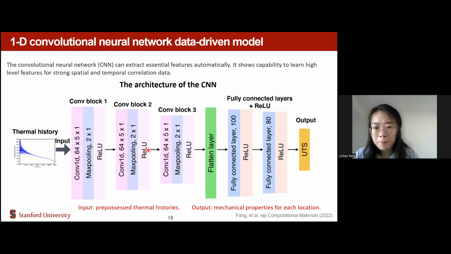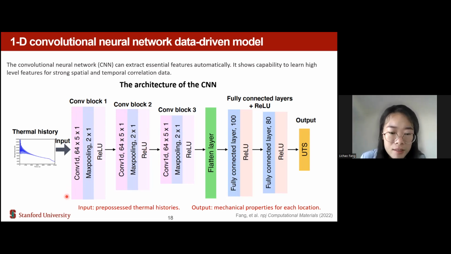Instead of comparing the cooling rate, which is a self-defined feature from the temperature history, we use a convolutional neural network to automatically detect the essential features from the temperature. We want to correlate the temperature features with the mechanical properties.